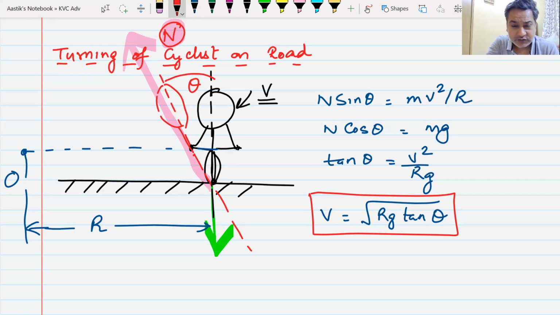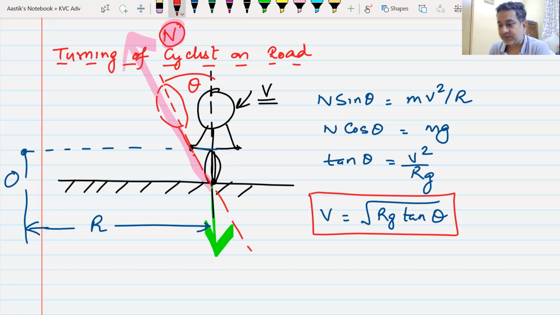Now, whenever there was a horizontal circle, the weight was not given much importance, because weight was only equal to normal reaction on flat roads, or when there was an angle, weight was equal to N cos theta or whatever. Weight was not doing anything in a horizontal circle.